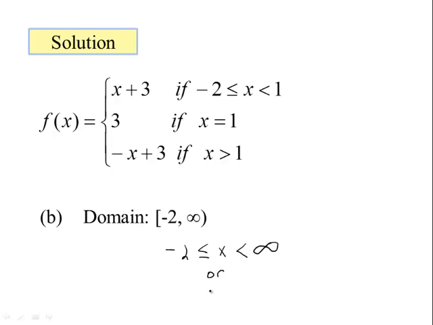And that's the same thing as saying x is greater than or equal to -2. So the domain can be written this way, or this way. So all numbers greater than or equal to -2.